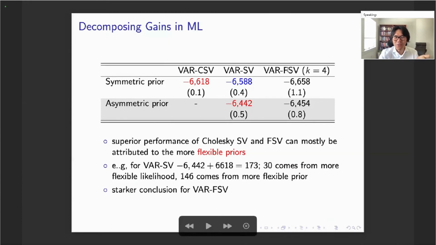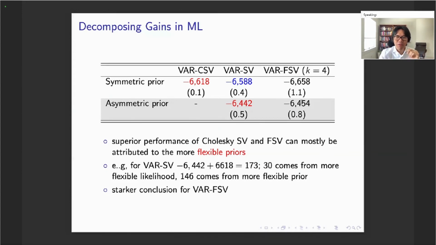For the factor stochastic volatility, the conclusion is even starker, because if you compare common SV to the factor SV with symmetric prior, the marginal likelihood actually decreases. So it actually gets worse. All of the gain, if you compare this number to this number, is coming from a more flexible prior.